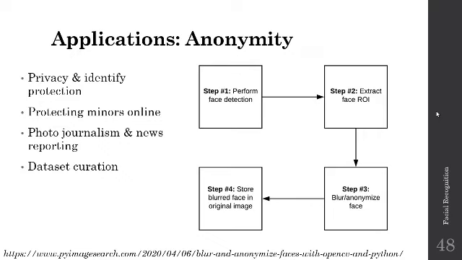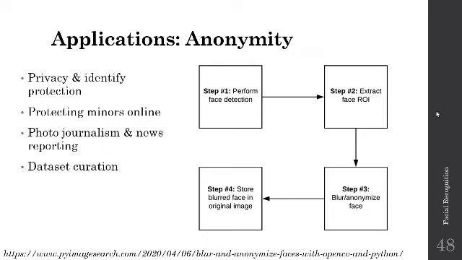There's a whole host of reasons you may want to perform this type of anonymity in a video feed, particularly when trying to protect the privacy or identity of particular subjects in the video feed, such as minors or journalists or those being covered by journalists who may not have signed waivers permitting the recording of their faces or their identities in the video feed. And a particular application of anonymity of a video feed would be when evaluating various data sets, right? You may want to prevent the identity of certain individuals in the data set from being obtained.